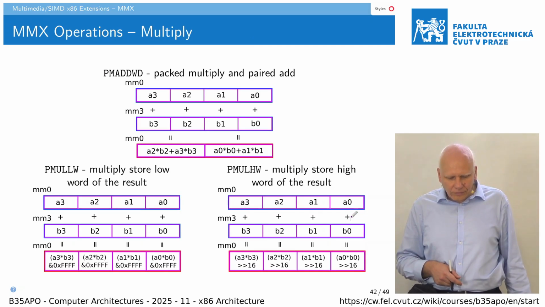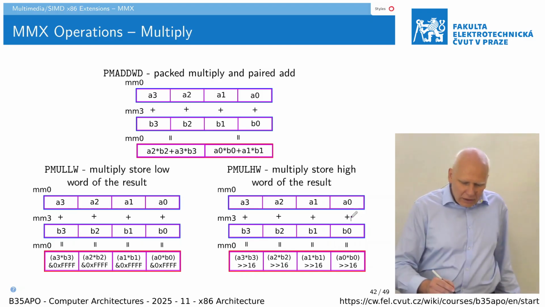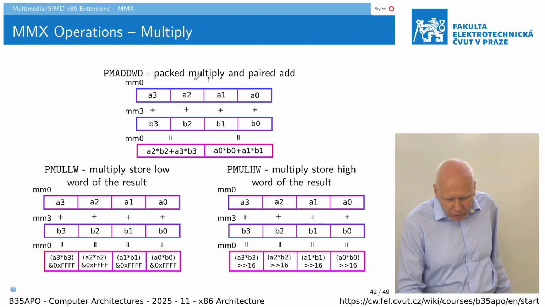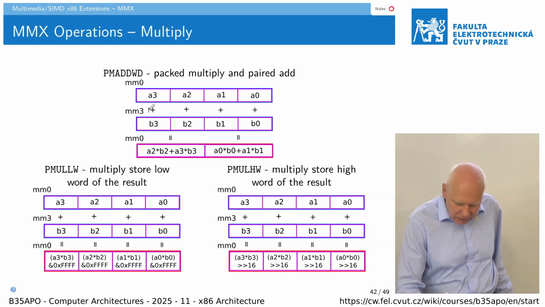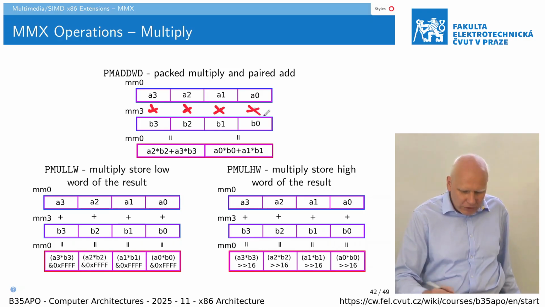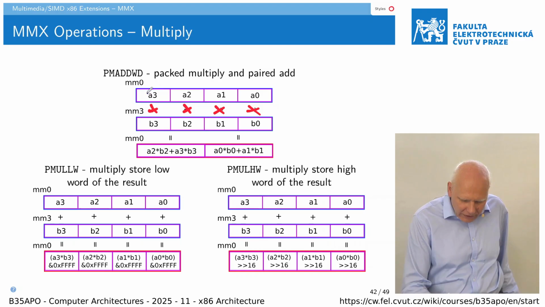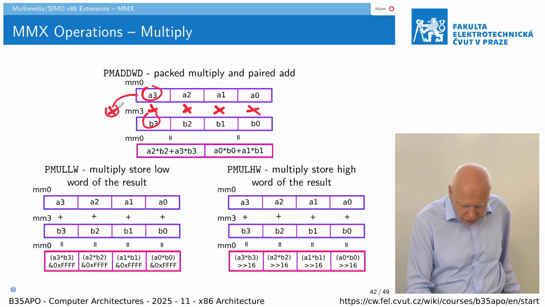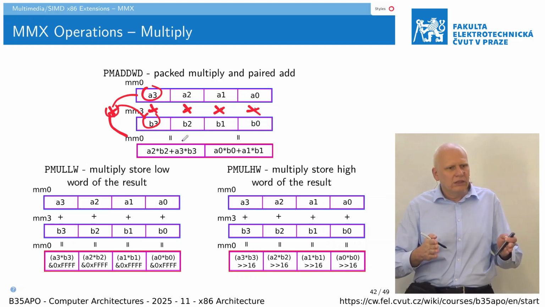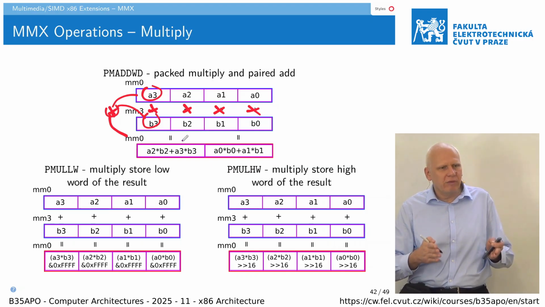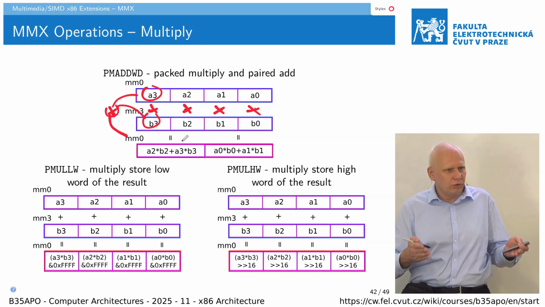Then you can do this packed multiply and addition. In this case, in fact, there should be a multiplication sign. There are more such operations: basically you take the corresponding values and do the multiplication with those two, and take the result, but because the multiplication widens the value, if you multiply two 16-bit values, you can get up to a 32-bit value.